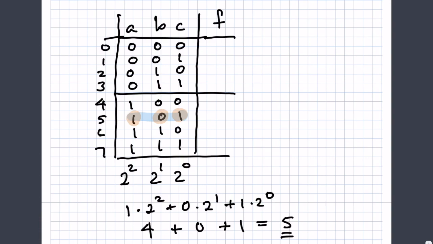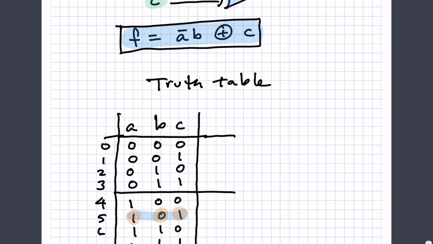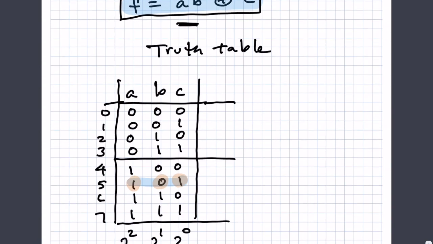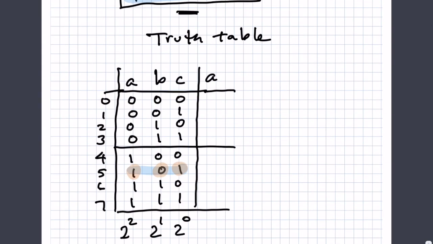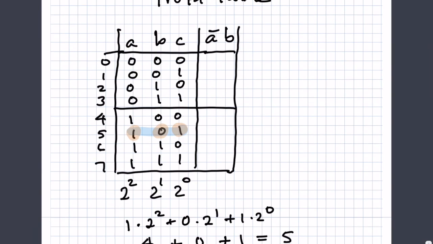Okay. Now we want to finish off the truth table, so I'm going to have an intermediate step here. I'm not going to put F right away. I'm going to put down first, look at my logic expression. I would put down first the A bar ANDed with B. Okay, and so I can figure out the logic behind that.